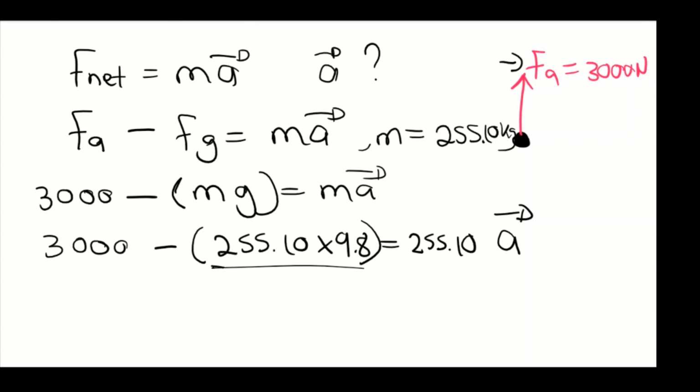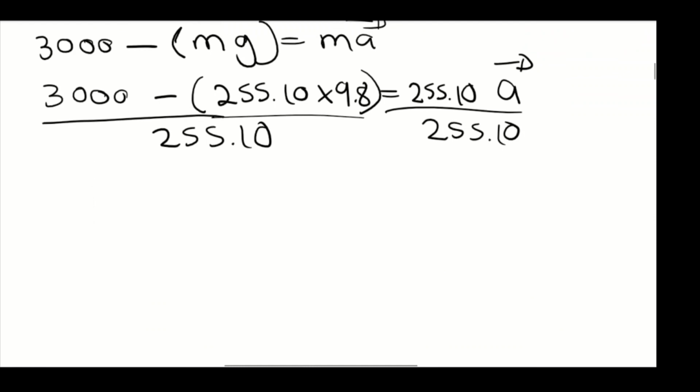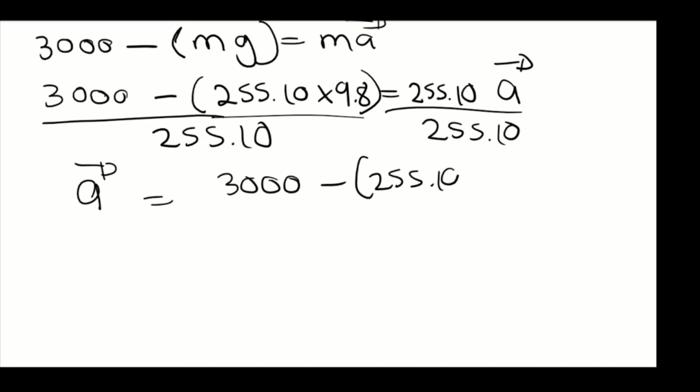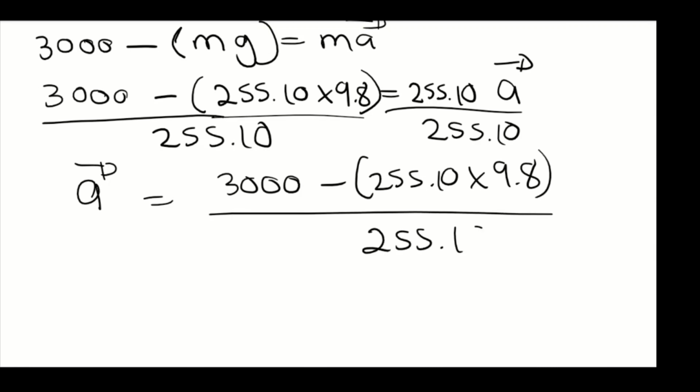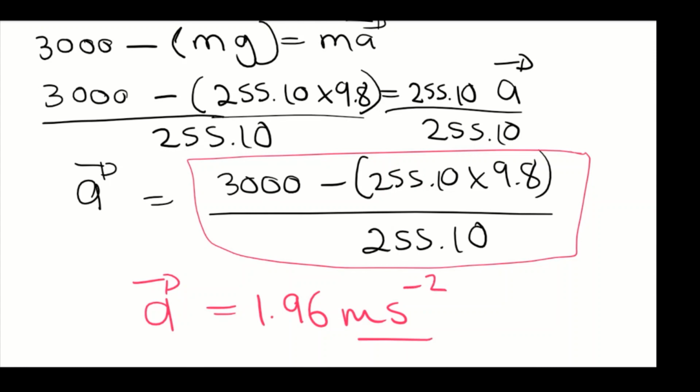We're just going to divide this whole thing by 255.10, and then our acceleration is going to be equal to 3,000 minus 255.10 times 9.8, divided by 255.10. So please punch this into the calculator. You should get your acceleration being equal to 1.96 meters per second squared.